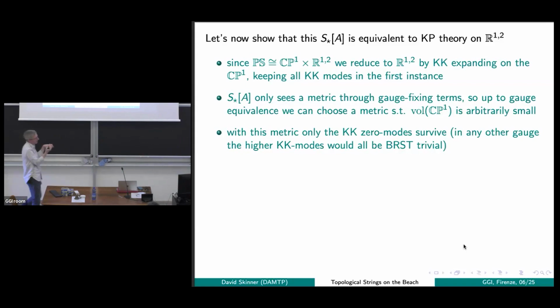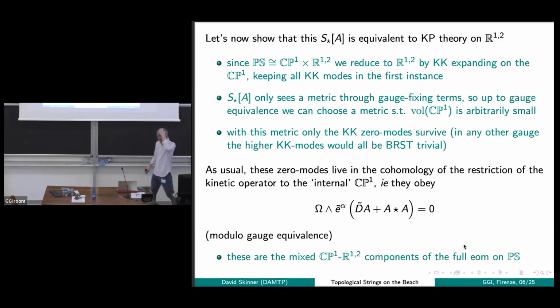And so up to gauge equivalence, I'm completely free to choose my metric so that the size of this P1 is really, really small. But in that limit, when the P1 gets really small, of course, all the higher KK modes become arbitrarily massive and decouple. So I didn't throw them away, but they're gauge equivalent to being absent. In any other metric or gauge fixing, you'd have all those KK modes left downstairs, but they'd all just be BRST trivial.